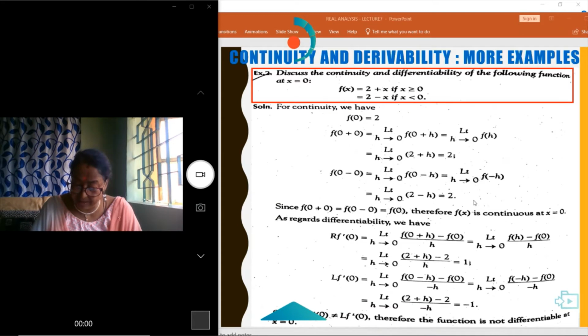Similarly for the left hand limit, (f(-h) - f(0))/(-h), we get the value equal to -1. Since the right hand limit is not equal to the left hand limit, the function is not differentiable at x = 0.